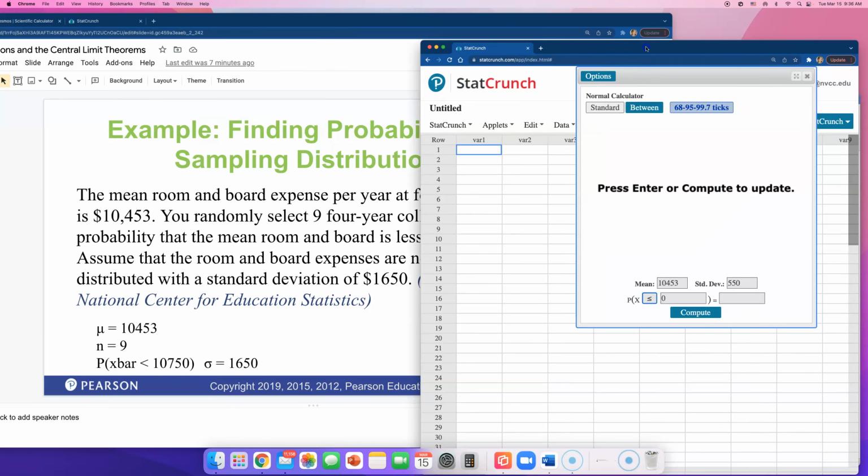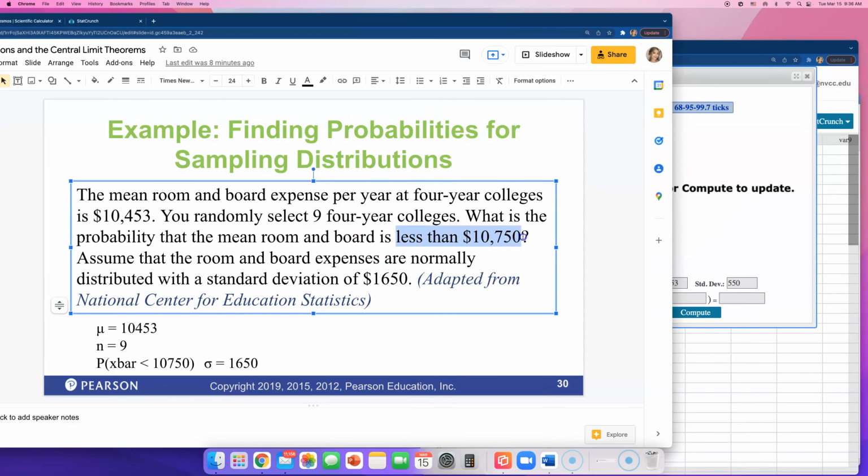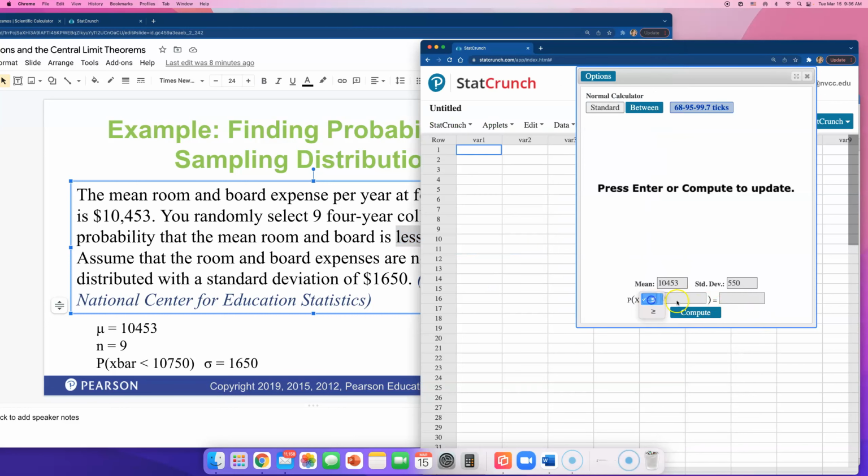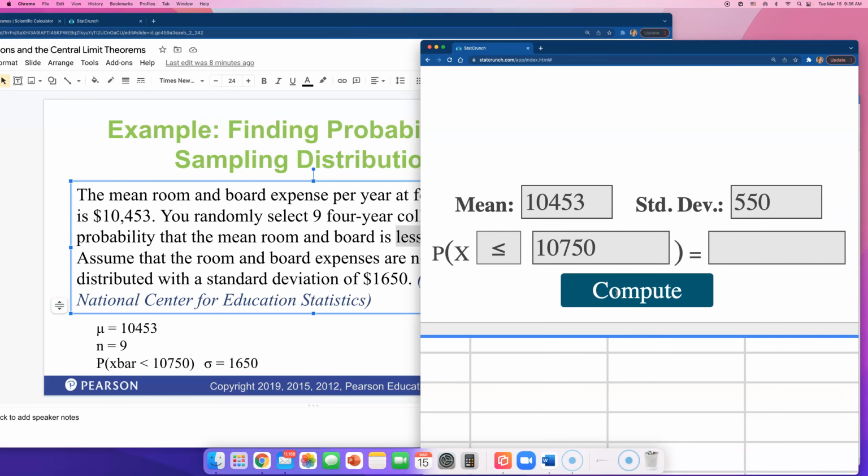They wanted the probability that the room and board is less than 10,750. We're about to get the answer, but I want you to take a look at what I entered. The mean is 10,453. The standard error is 550. And this is what we're looking for.